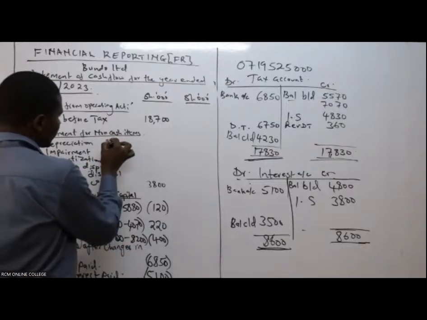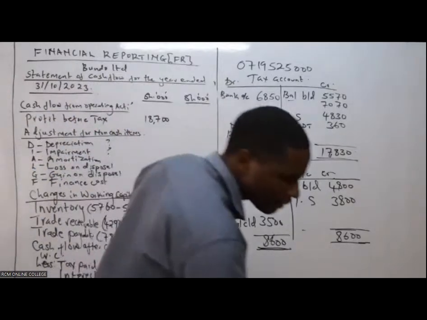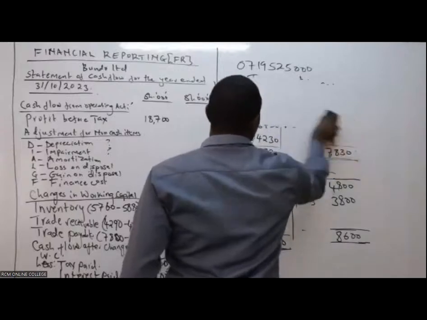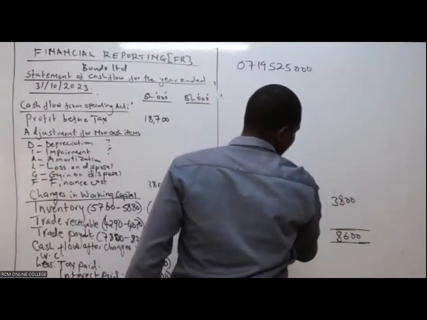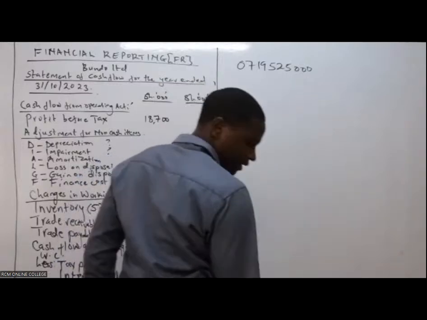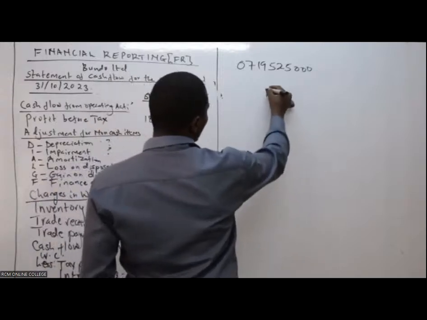Once you go and attempt to get the two, go and create the PPE account, or draw the PPE account. It's easy. And then try to get the depreciation on the PPE account.